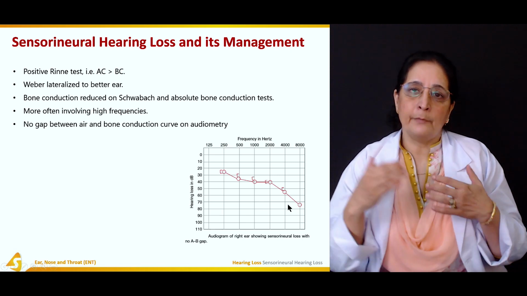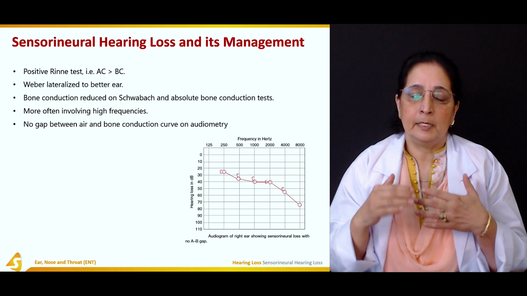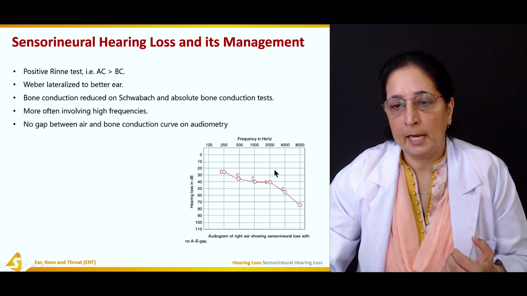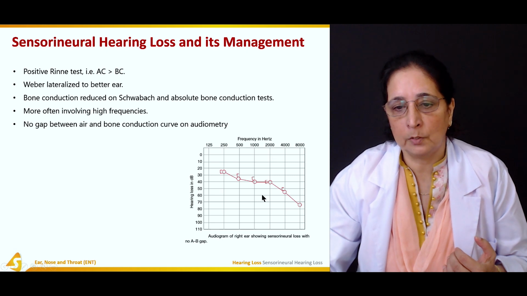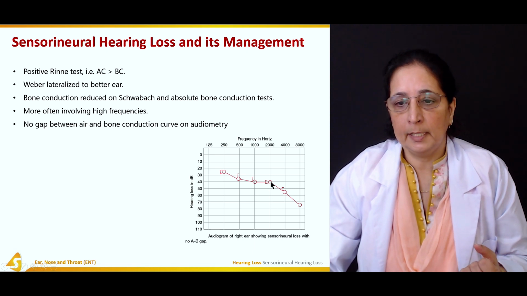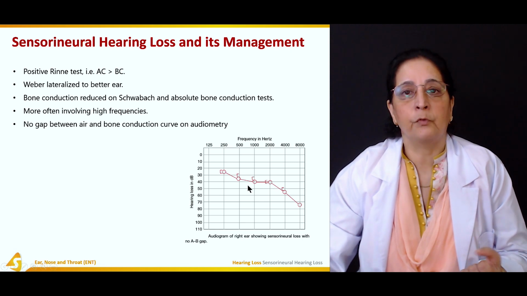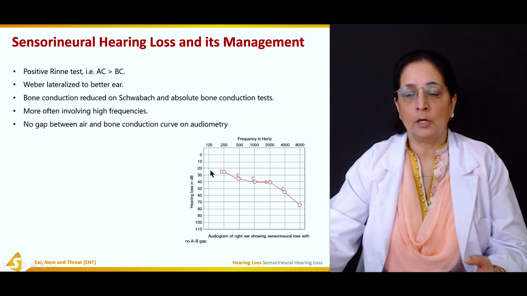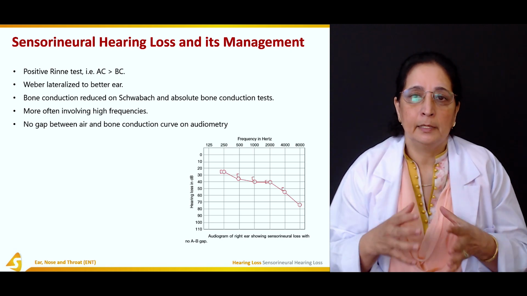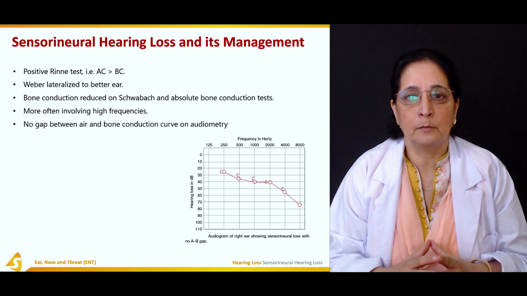So hearing loss is more in high frequencies. At 4,000, it's close to 60, 58 or so. Similarly, at 2000 hertz, it's about 40 decibels. So in this audiogram, you can see that as the frequency increases, the hearing loss is greater.